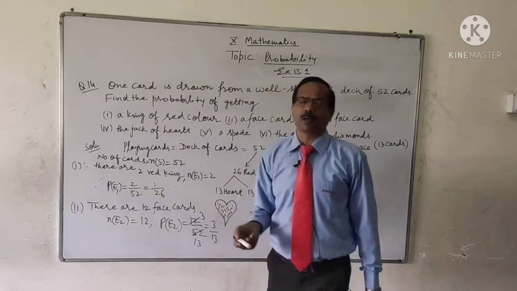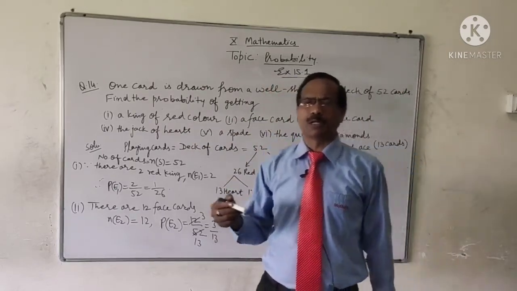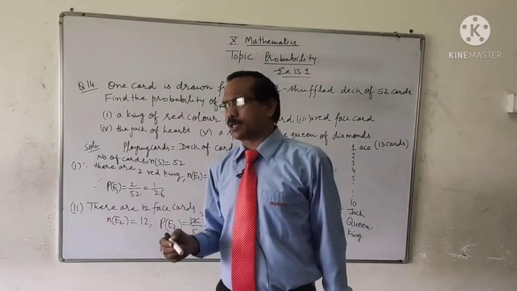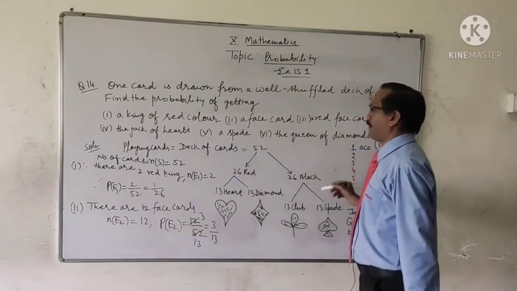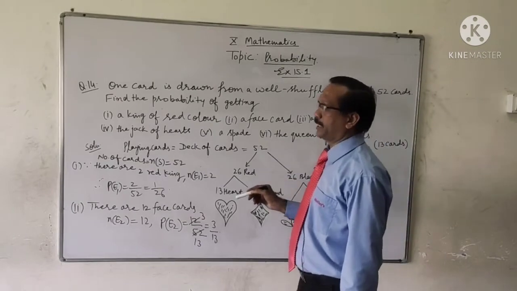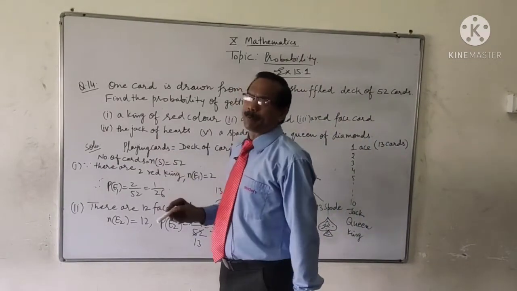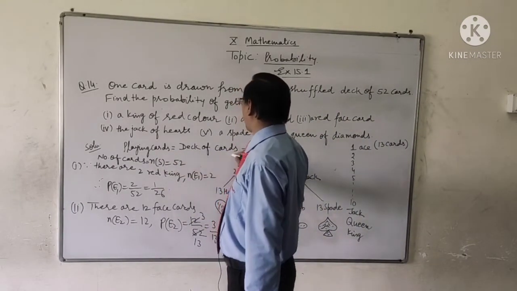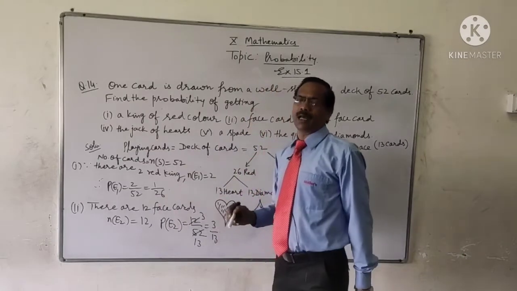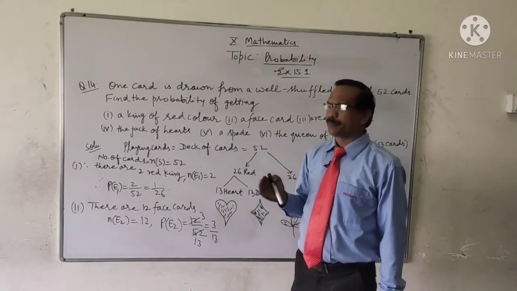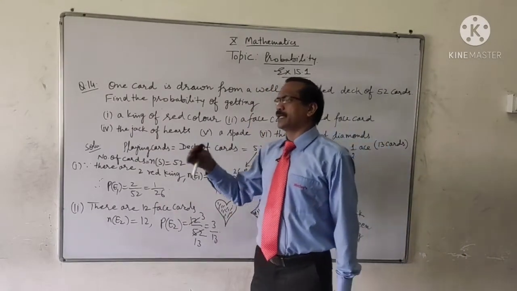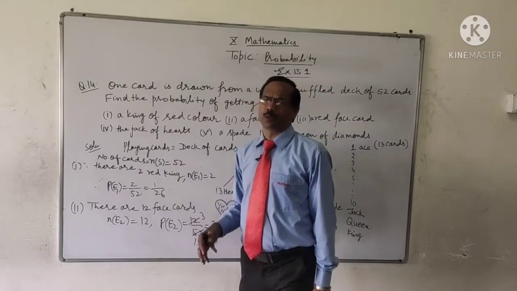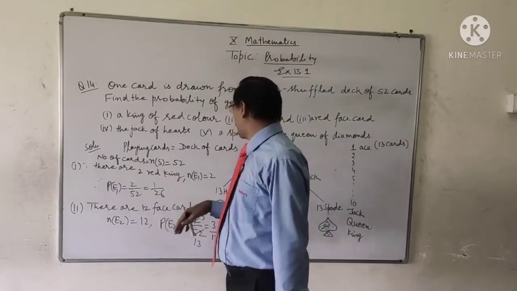Before coming to this topic, I would like to clear the concept of cards. What are playing cards? Playing cards means a deck of cards. There are 52 cards, and there are some more cards called jokers, that we will not discuss here.